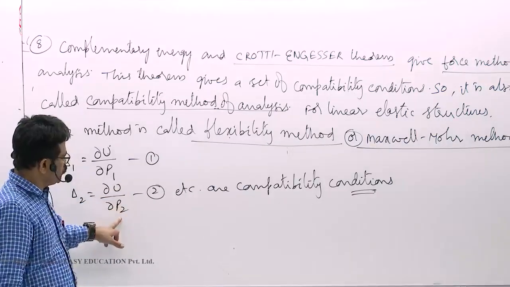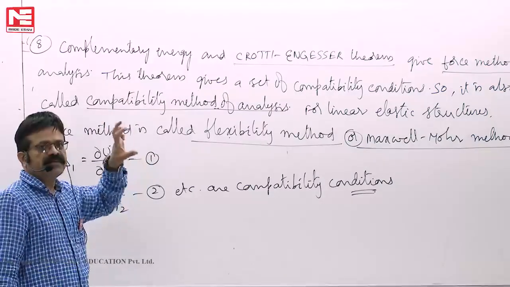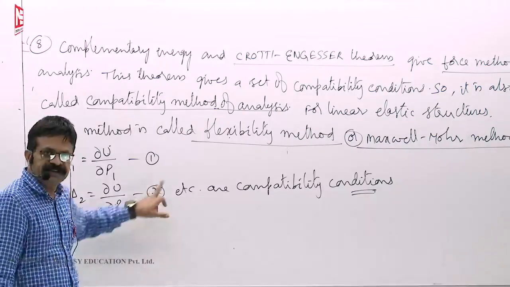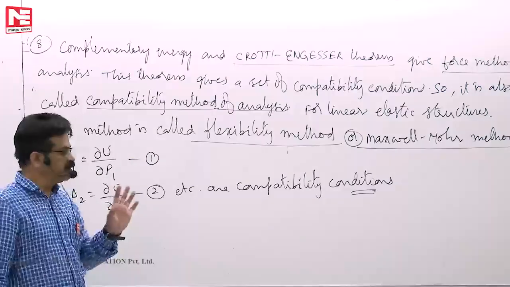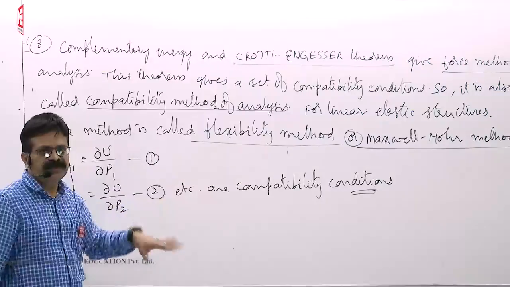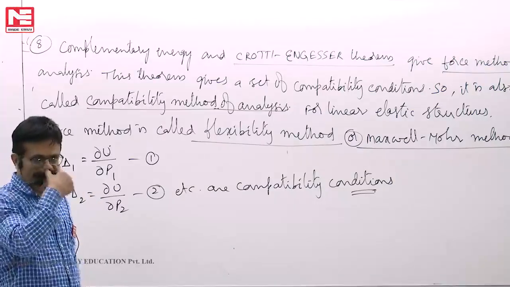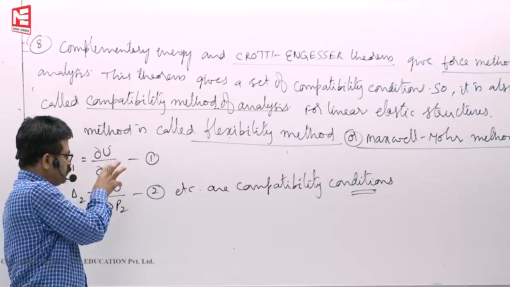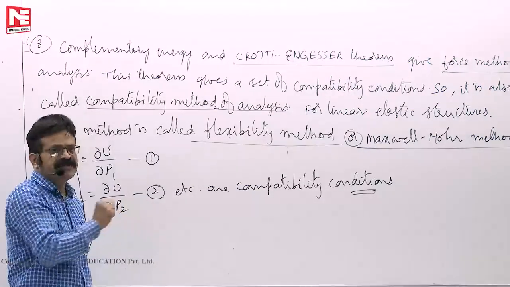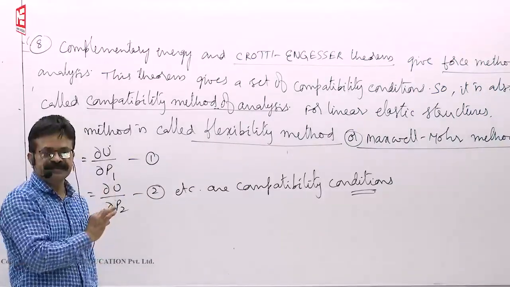Here also ∂U/∂P2, this is Castigliano's theorem too. Instead of writing the complementary energy, if you write the strain energy and differentiate it with respect to load, if that becomes 0, displacement is 0. But mathematically you have studied ∂U/∂P is 0 means U will be either maximum or minimum. Because strain energy has to be minimum for a stable structure, you will get the principle of minimum strain energy, because ∂U/∂P equal to 0 means minimum strain energy, provided this delta becomes 0.